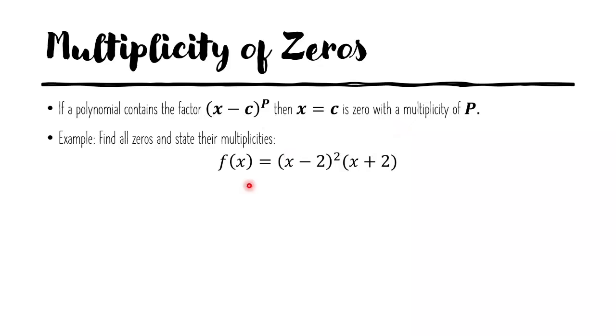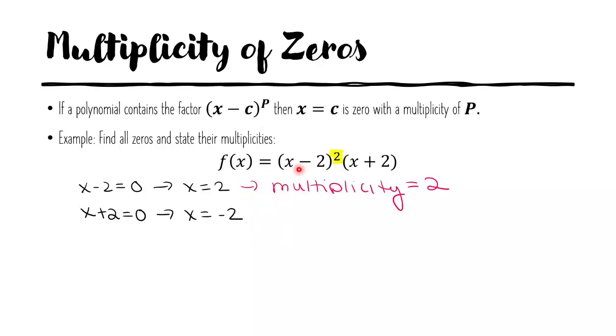So for example, if I have the function f of x equals x minus 2 squared times x plus 2. X minus 2 equals 0 when x equal 2, and x plus 2 equals 0 when x equal negative 2. This polynomial has 2 zeros, one at x equal 2 and one at x equal negative 2.